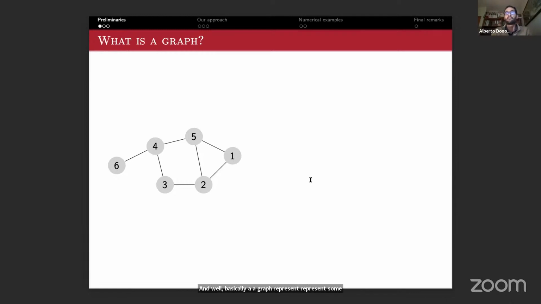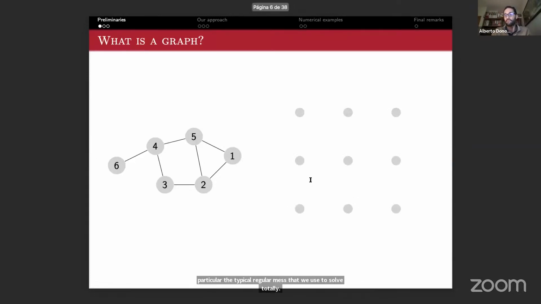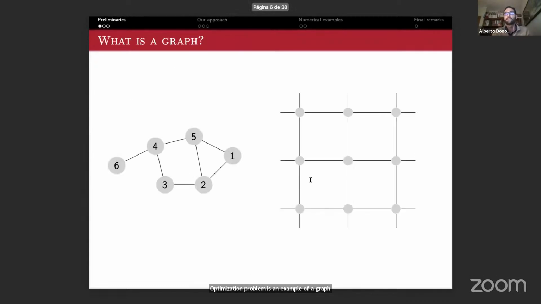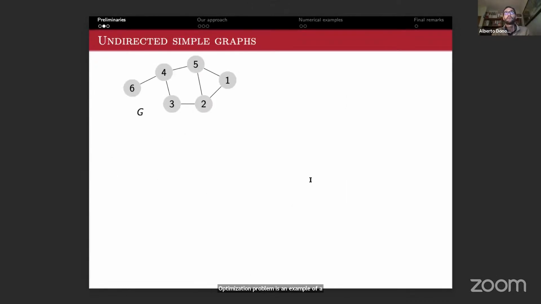Nowadays, we can find graphs everywhere, and in particular, the typical regular mesh that we use to solve topology optimization problems is an example of a graph. Here we will focus on undirected simple graphs, which means that edges link vertices symmetrically with no orientation.